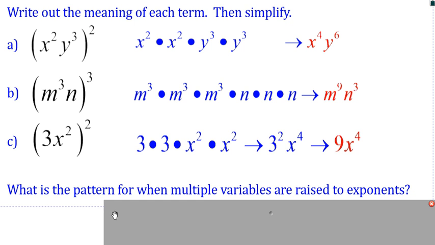So when we had multiple variables or multiple items raised to a power, was there any pattern? So again, as we look, x squared y to the third, squared, ended up with x to the fourth y to the sixth. m to the third n to the third, cubed, ended up as m to the ninth n to the third. And we had 3x squared, squared, ended up as 3 squared x to the fourth, or 9x to the fourth.